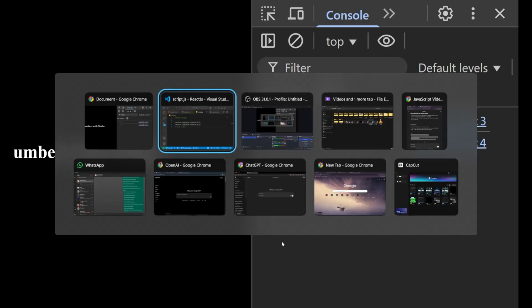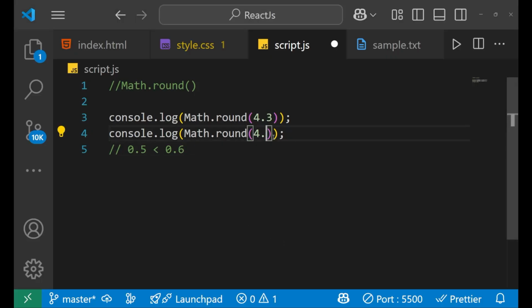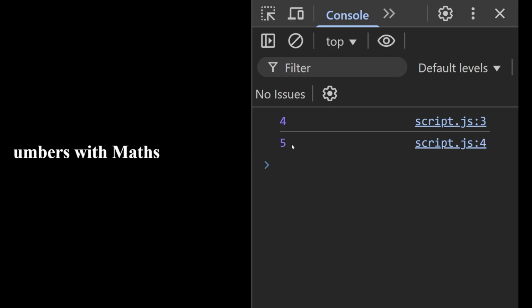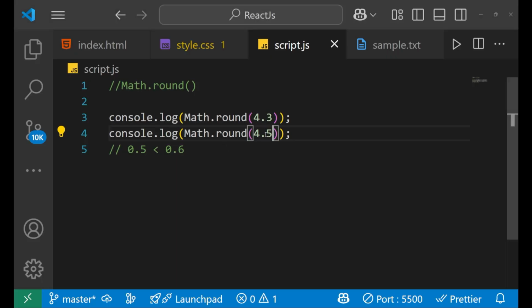Now what will happen if I write 4.5? In that particular case, I'm going to get 5. Even if you are having exactly 0.5, we will get rounded off towards the upper side, that is 5. So I hope you understood the concept from here.